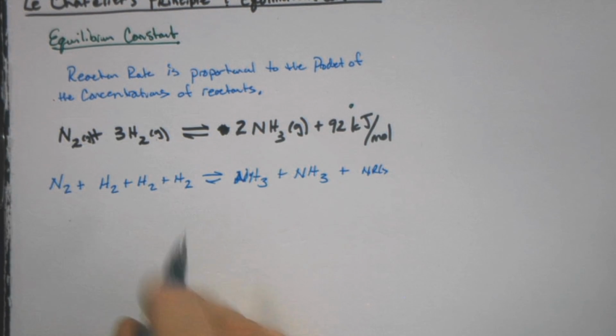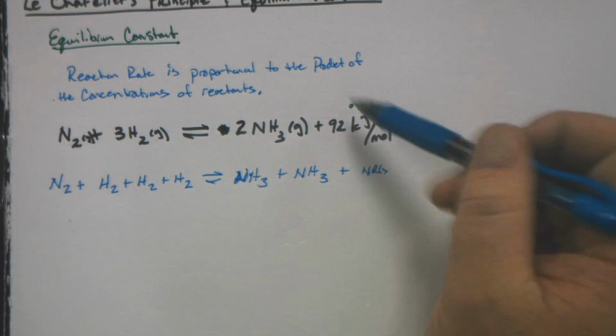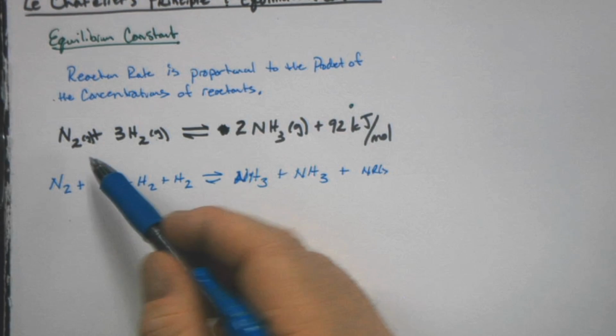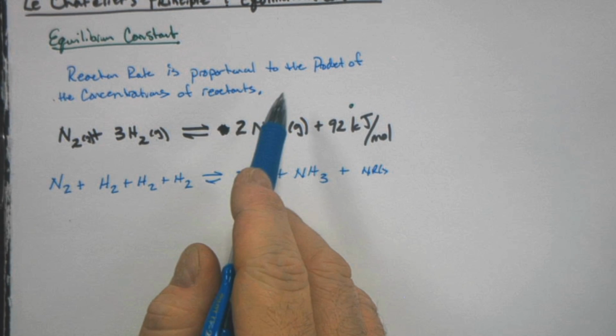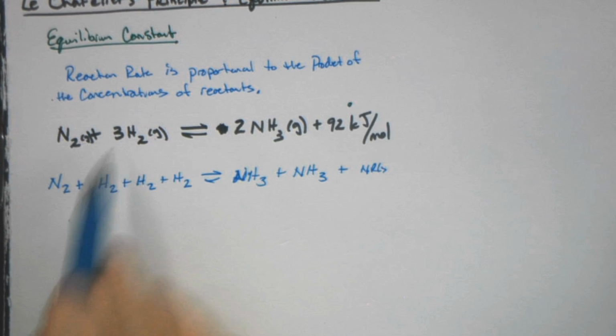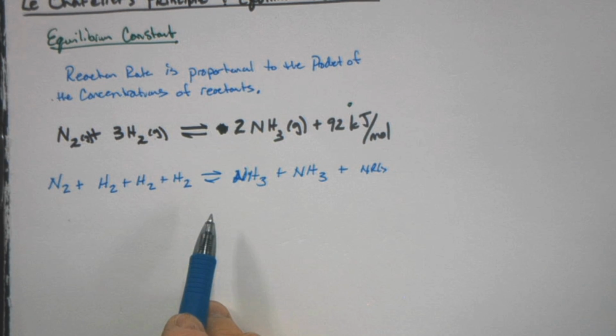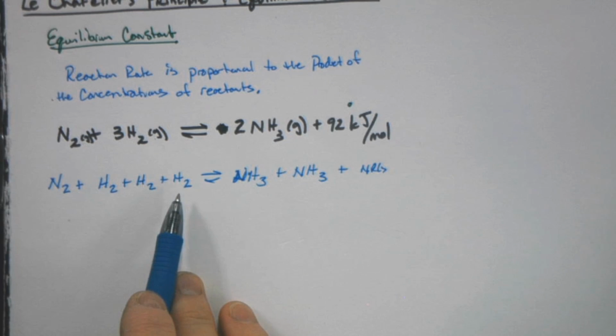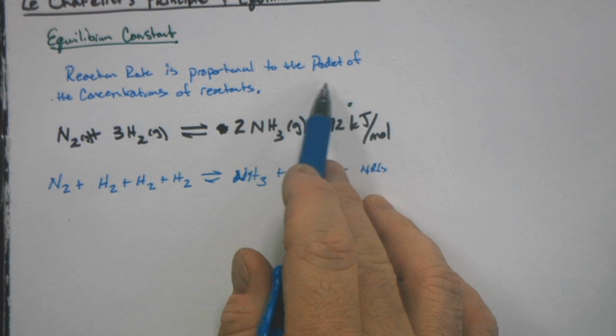The reaction rate of the forward reaction is proportional to the product of the concentrations of reactants. If we have multiple copies of one of the reactants, we need to multiply all of them together. Those all factor into the product.